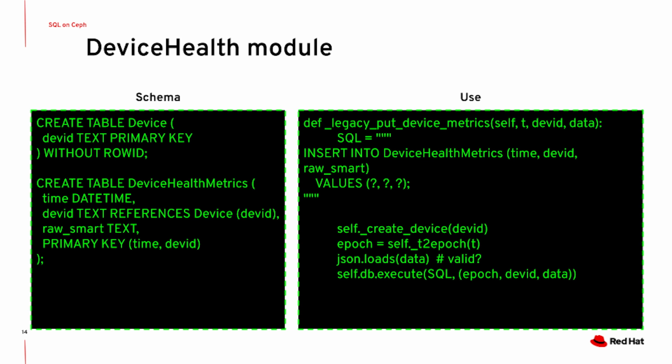Now this is all just transferred into a very simple schema for keeping track of the devices and device health metrics. We've got a single table which gives us the device ID. It's a very simple table. And then the device health metrics table gives us the timestamp of when the sample was taken, the device ID associated with that sample, and then the raw smart text. The primary key for that table is the device ID and the timestamp.